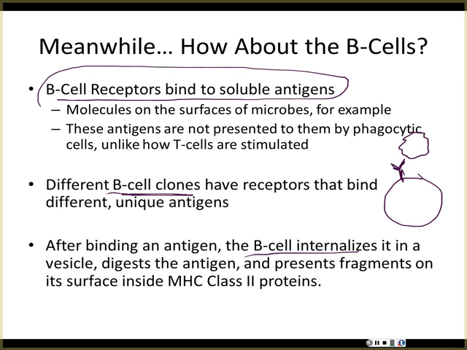It's going to do endocytosis, kind of similar to phagocytosis. It's going to internalize it, chop it up, and it's actually going to display, just like a macrophage or a dendritic cell would do, little pieces of that antigen on its surface inside class 2 proteins.